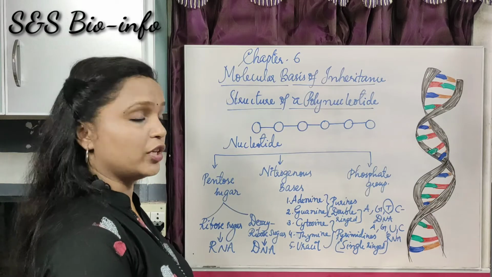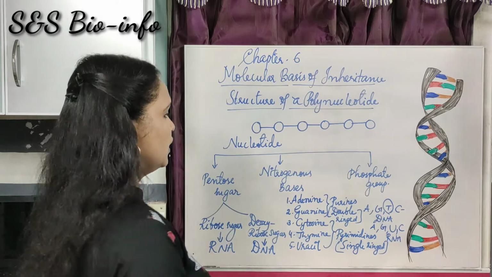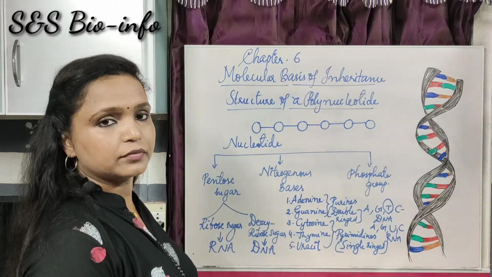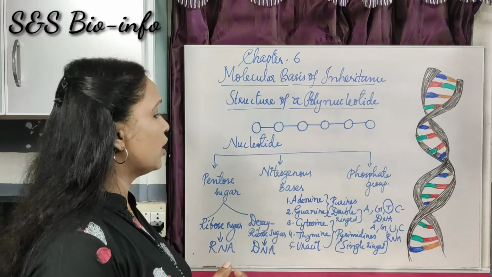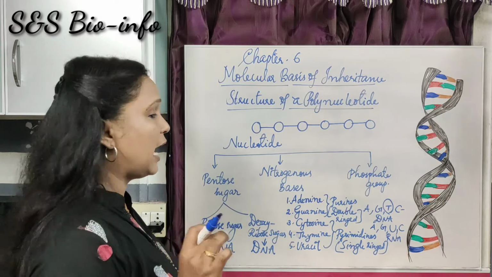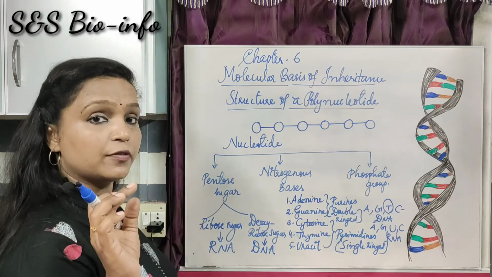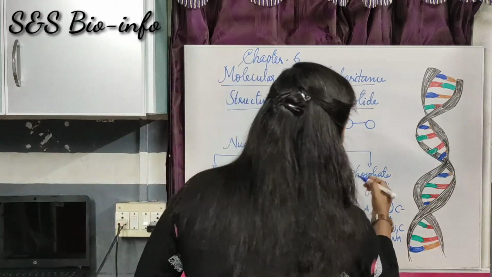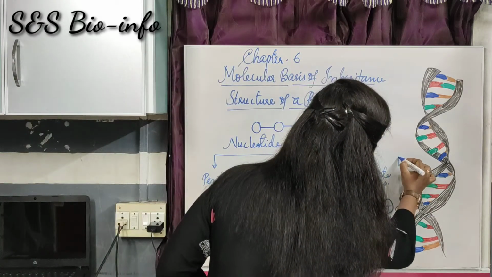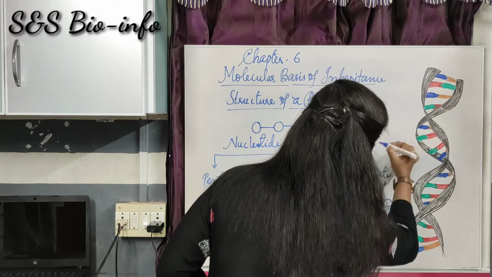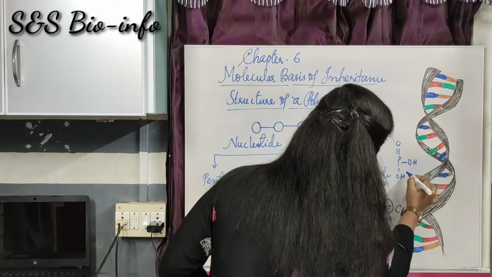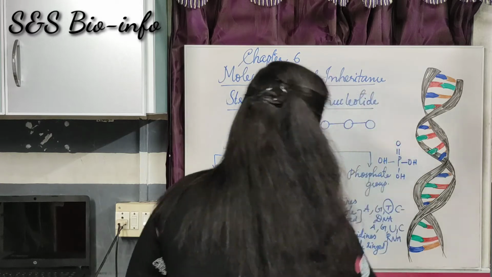That's about nitrogenous bases. The next component is phosphate group. Phosphate group occurs in the form of phosphoric acid. The phosphorus is pentavalent. So the phosphate group can be represented like this: P double bond O, OH, OH, OH.